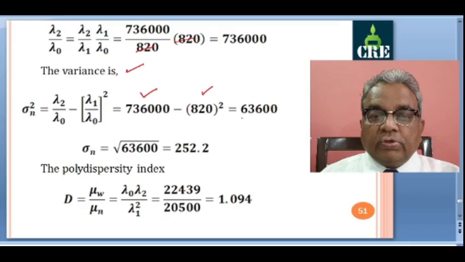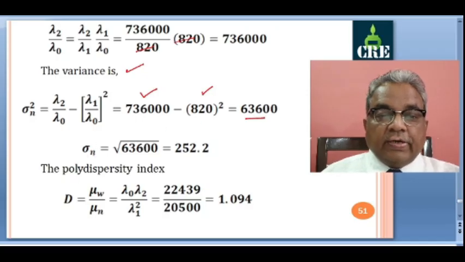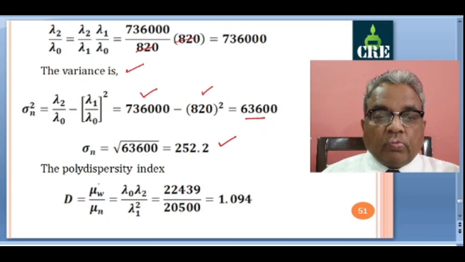This comes out to be 63,600. The standard deviation sigma n is the square root of this term, and that comes out to be 252.2.